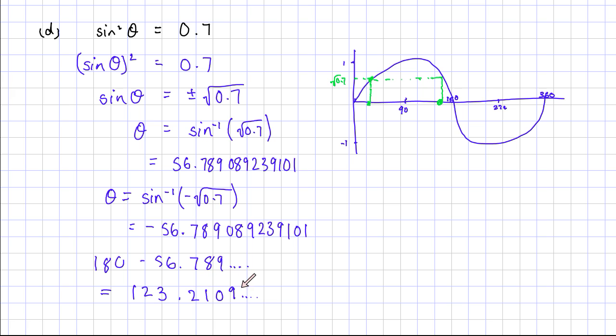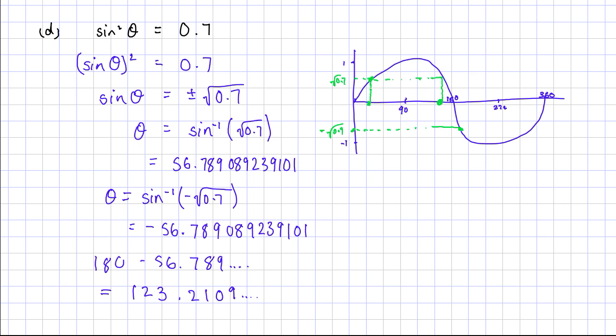Now for negative square root of 0.7, I got the principal value, so that's between minus 90 and 90. Okay, so let's mark that one here. So the negative 0.7, that's there, and I can see that there are two values that I need.